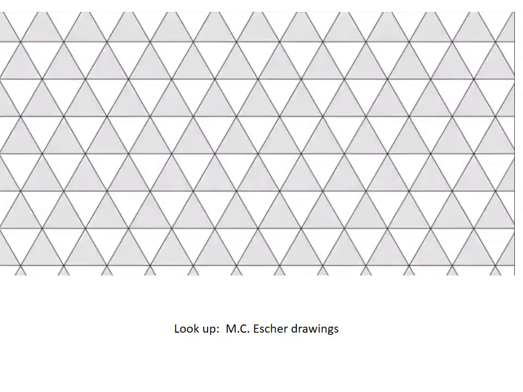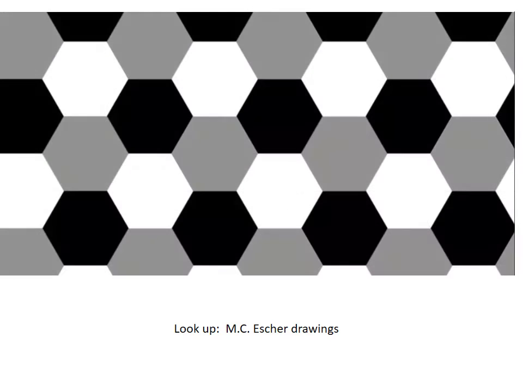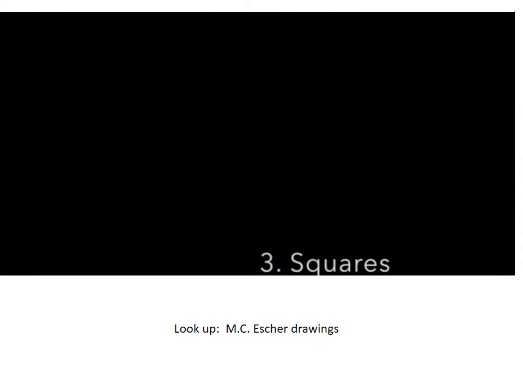Only three basic shapes will tessellate. Triangles, hexagons, which have 6 sides, and squares.